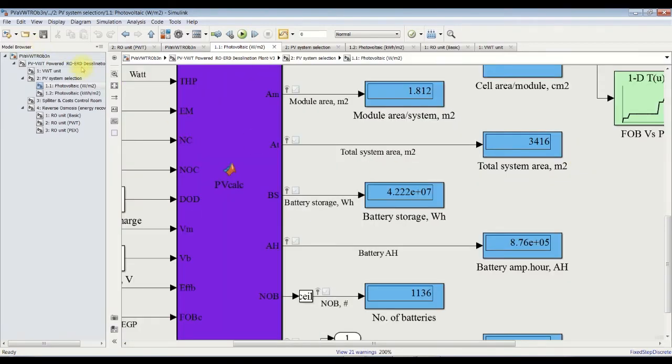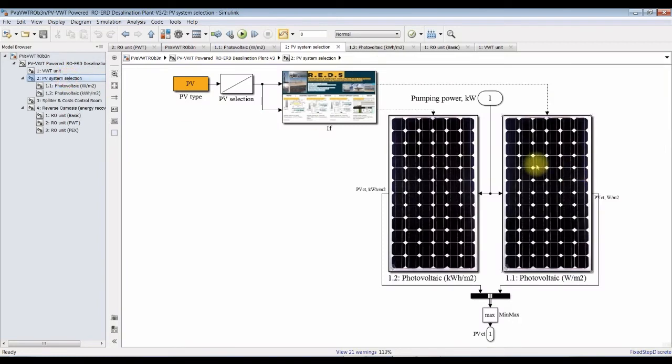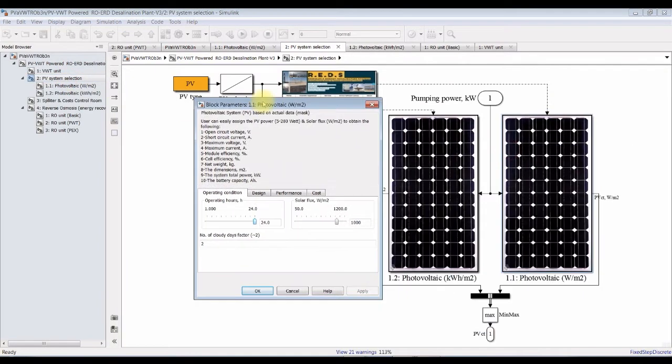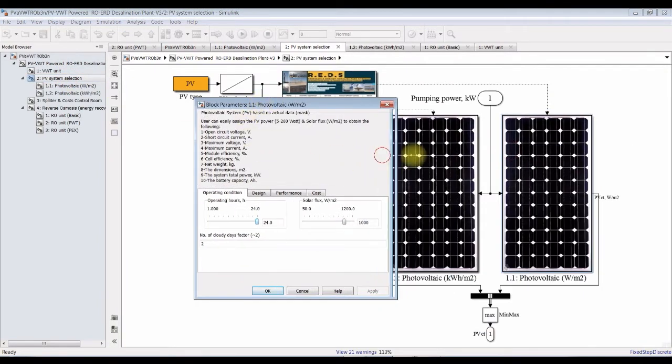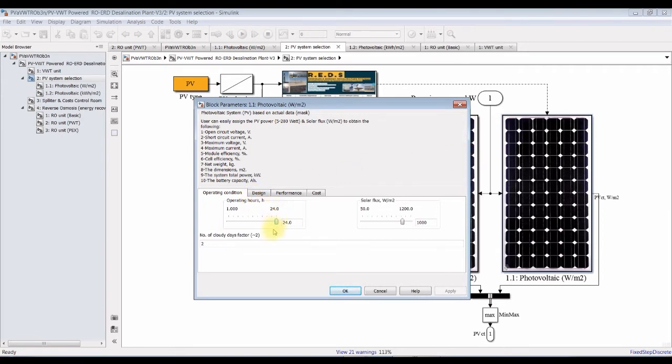Sure, we can control this one because we can go to the photovoltaic system and reconfigure some parameters. These are the operating hours, the number of cloudy days, and solar flux is 1,000 watt per meter square. I'm going to consider this.